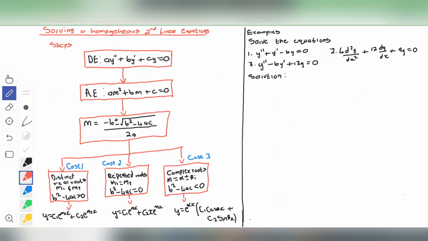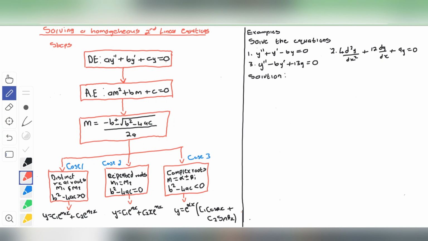Whenever you have complex roots, this is the formula that you're going to use. Remember, we get complex roots whenever we have the square root of a negative number. That's where we get the complex roots.